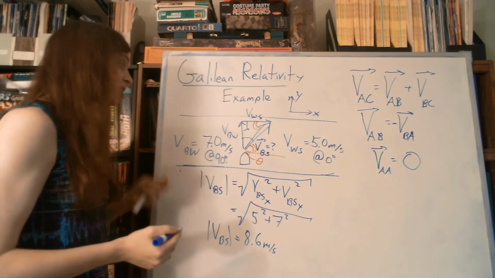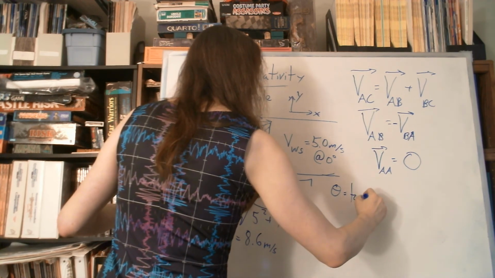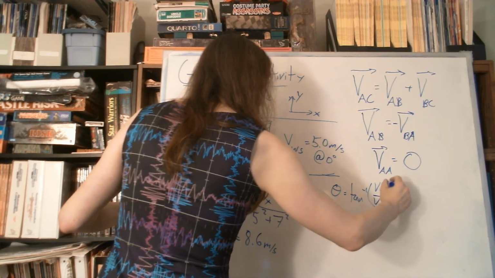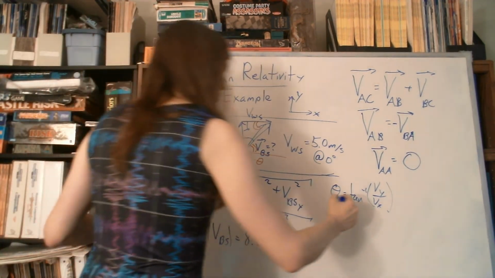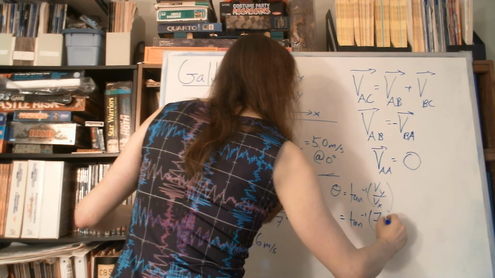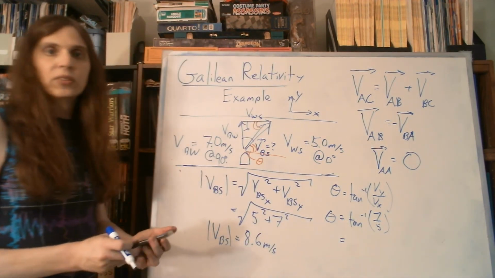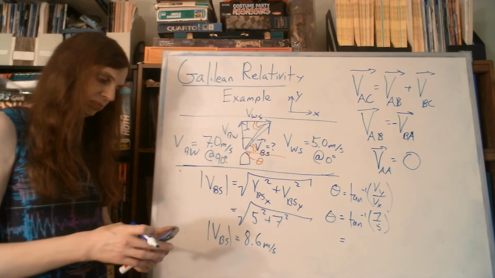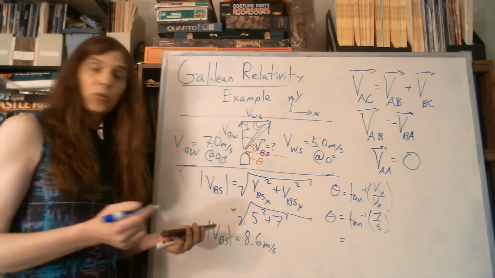So it's still the inverse tangent of the y component divided by the x component. The way that we've laid this out, that's the inverse tan of 7/5, so inverse tangent of 1.4, and that's about 54 degrees.